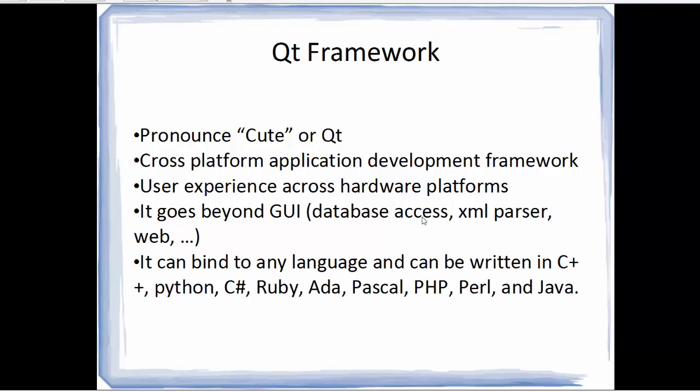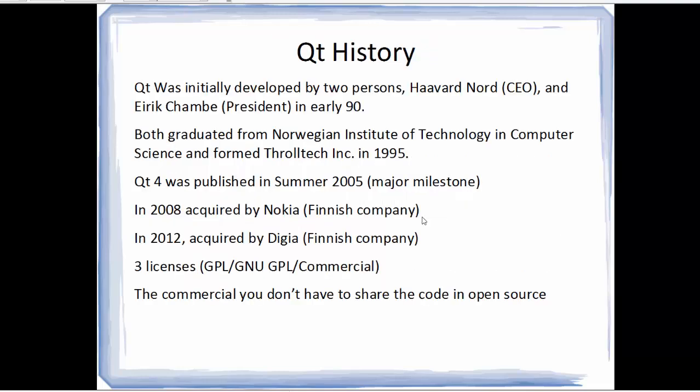Okay, now let's see some of the history about Qt. So Qt was initially developed by two Norwegian students in 1995. In 1995 Qt was developed, and these two students made this company called Trolltech.